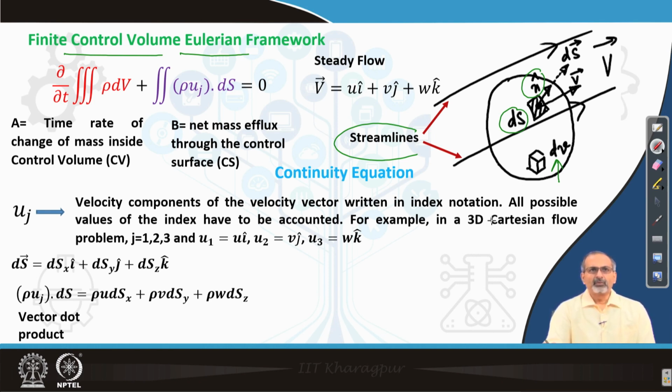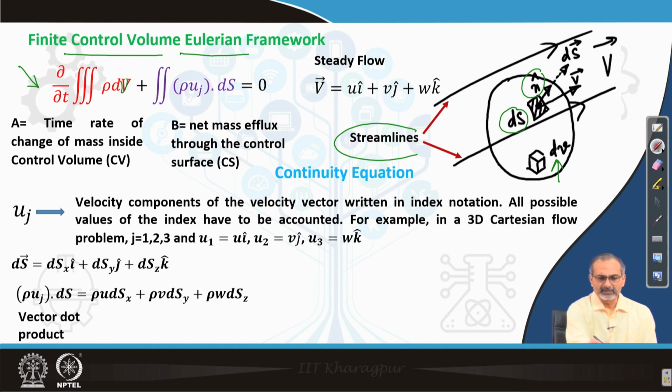When you try to talk about the mass conservation equation with respect to this control volume in Eulerian framework, then the conservation equation looks more like this, where the first term indicates the time rate of change of mass inside the control volume.